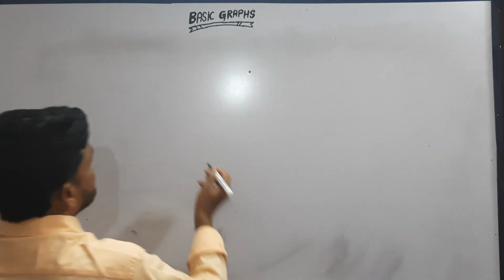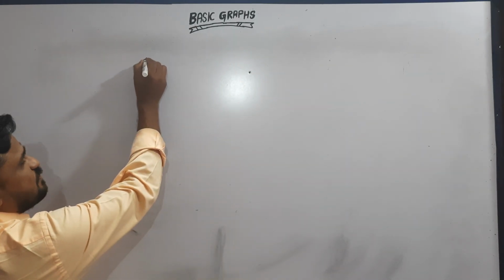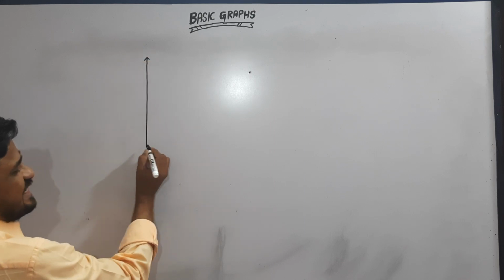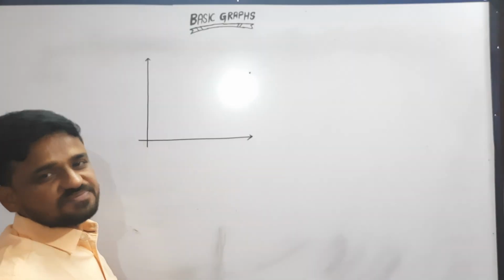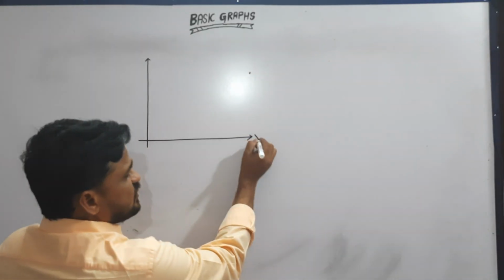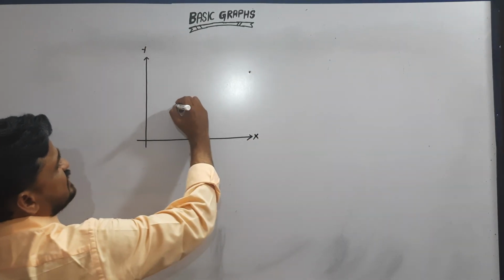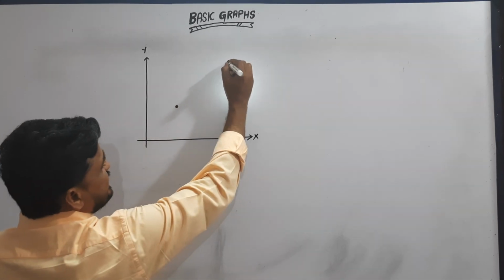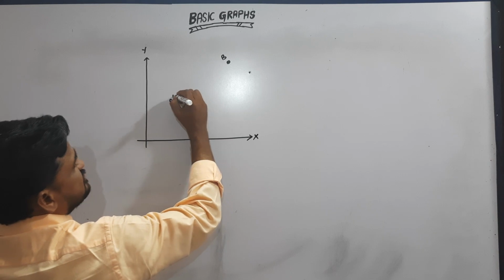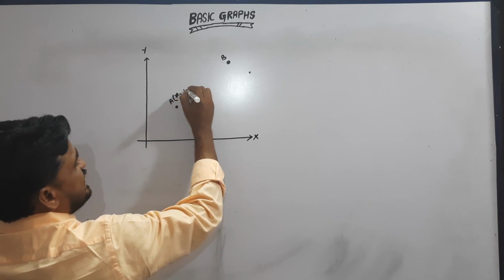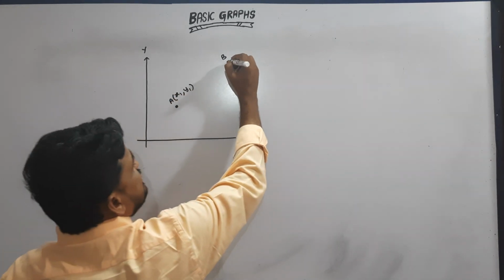First, what is slope? Suppose there are two points in the xy coordinate system, point A and point B. Point A has coordinates x1 comma y1.